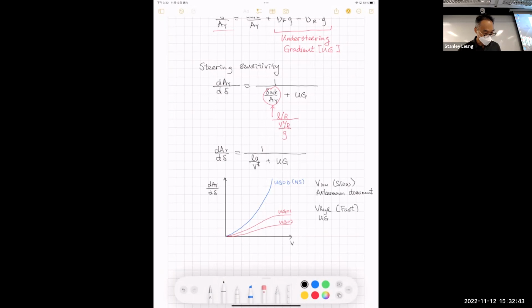The understeer gradient is dominant. So you can take a look, for example, at some high speed here.